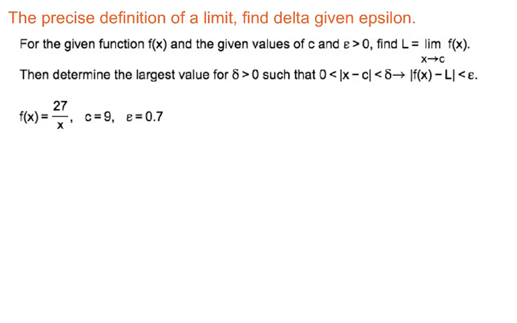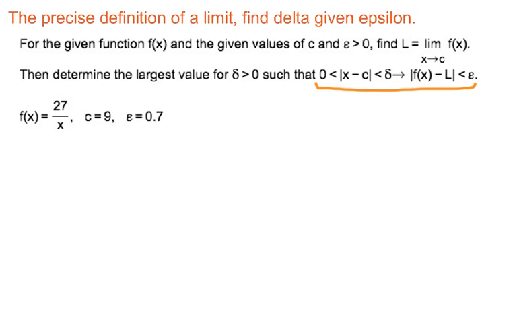So this problem says for the given function f of x and the given values of c and some positive epsilon, we need to find the limit L, the limit of the function as x approaches c, and then we are going to determine the largest value of a positive delta such that the precise definition of a limit, these conditions are met.